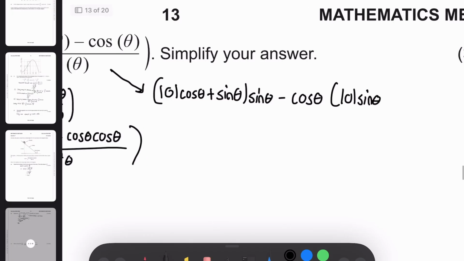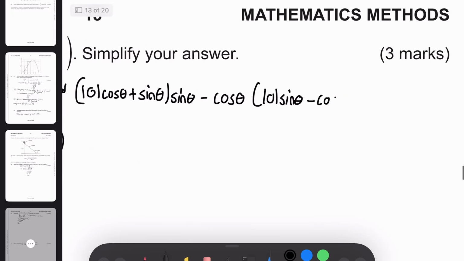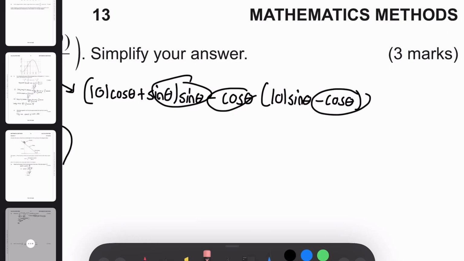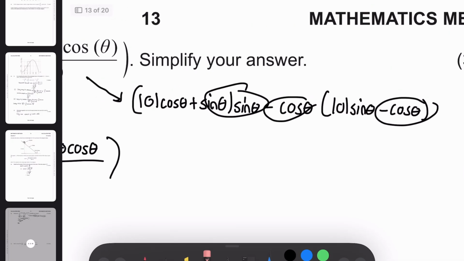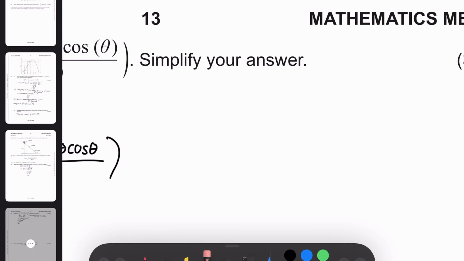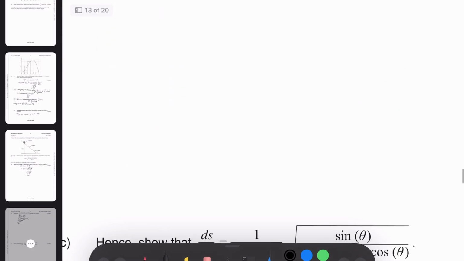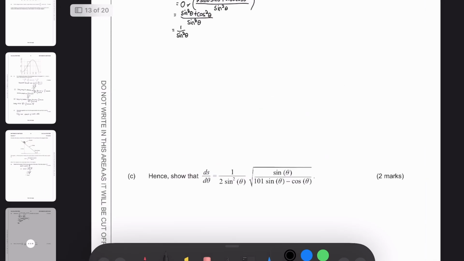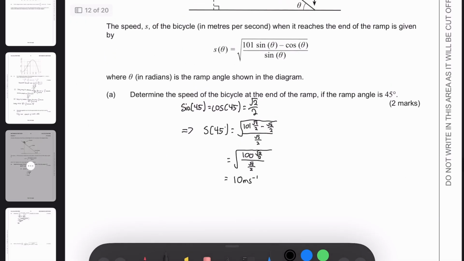Oh my god, I have no idea why you would do this. Then these would cancel out, and you're left with just this times that and this times that, which will also give you sine squared of theta plus cosine squared of theta. Yeah, it'll give you the same thing. It's just a bit of a longer route. But no problem, we still got the same answer. Hence, show that ds d theta is equal to that. Okay. So, oh yeah, s was our speed formula.